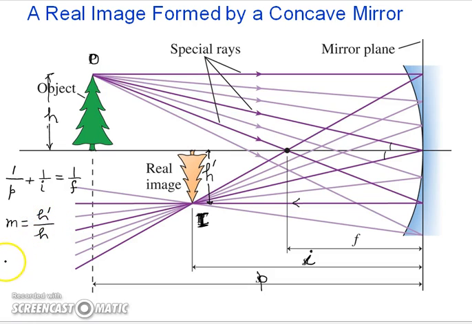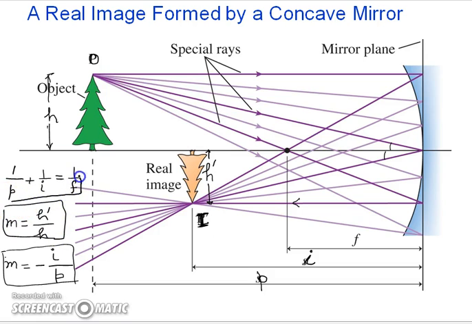And there's another relationship: m is equal to negative i, the image distance, over p, the object distance. So these three things we need to remember, and they will be used for problem solving.